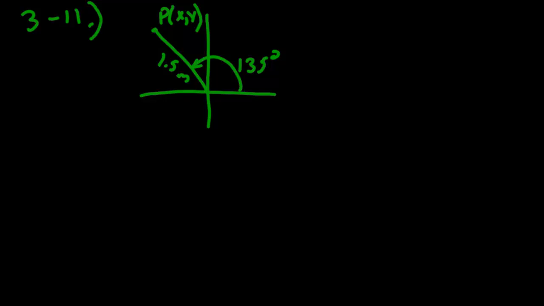So how would we go about doing this? It is a 45 degree angle. Yeah, we could do that. I took the cosine. Exactly, that's what we want to do.